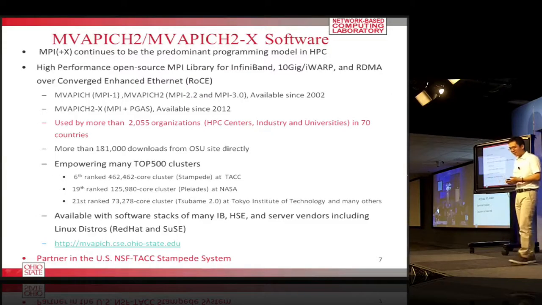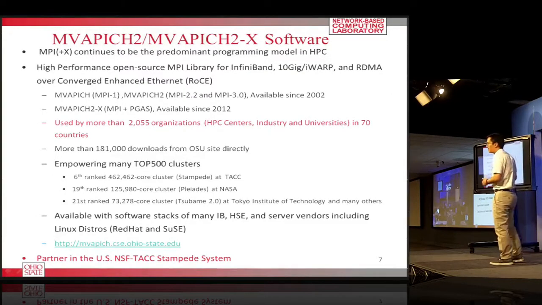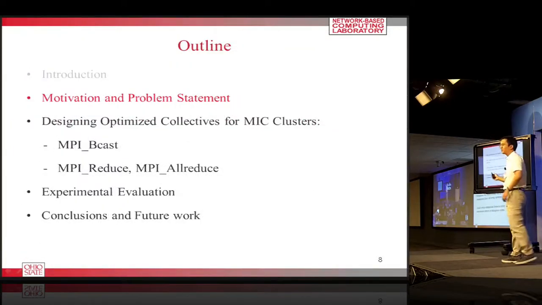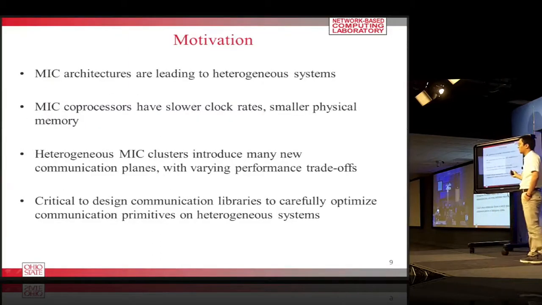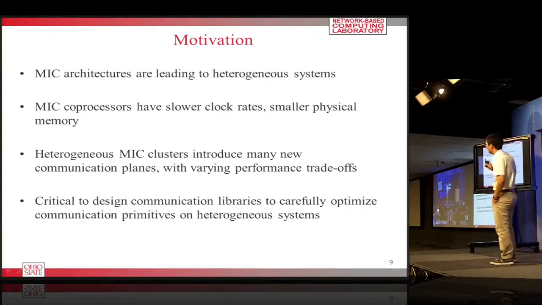Okay. After introducing the background, we want to discuss some motivation and the problems addressed in this paper. Okay, so MIC architectures are leading to heterogeneous systems. MIC coprocessors actually have slower clock rates and also very limited physical memory space.